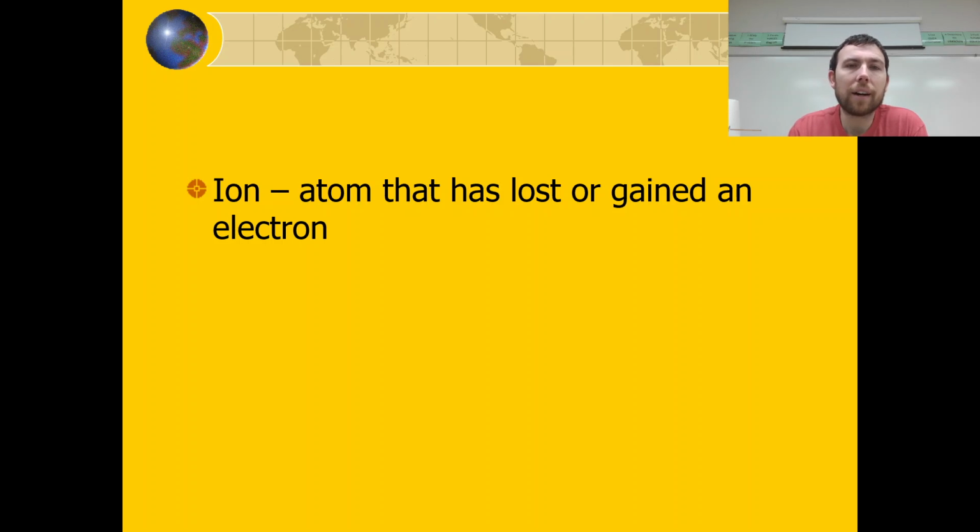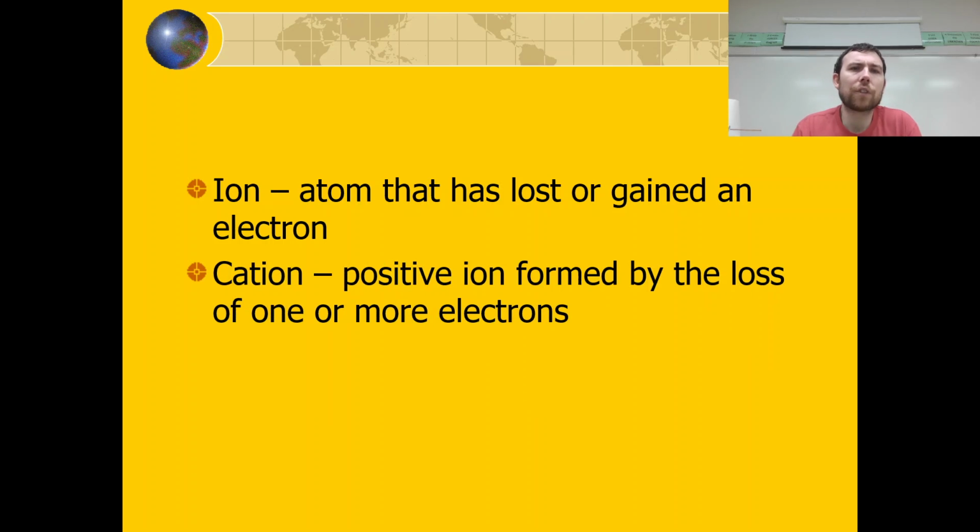Now, ions. We know that ions are atoms that have either lost or gained an electron from their valence shell, typically. And those ions can come in 2 different forms. You can have a cation, which is a positive ion that's formed by the loss of 1 or more electrons.